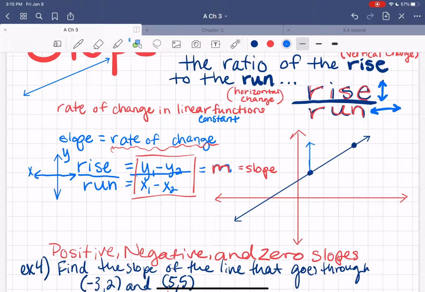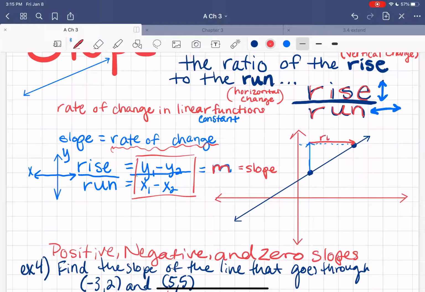You count the number of units up to get to the same vertical level, the same height as your second point, or it could be down to get to the second point. And then you count the units that you need to move horizontally to get to that second point.